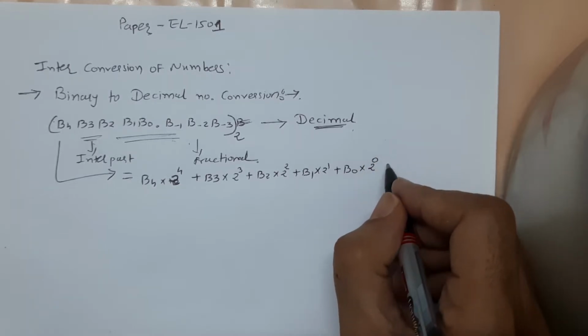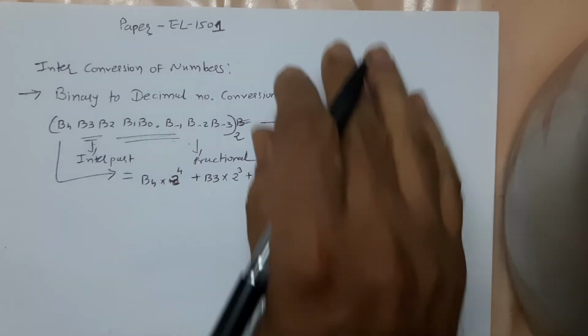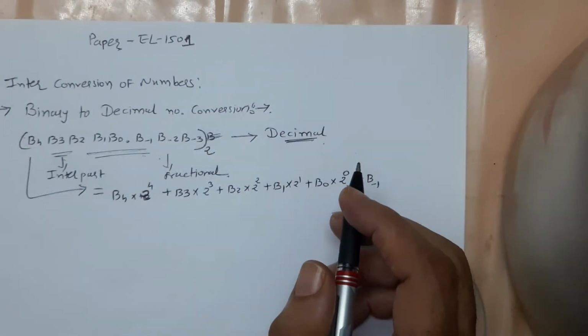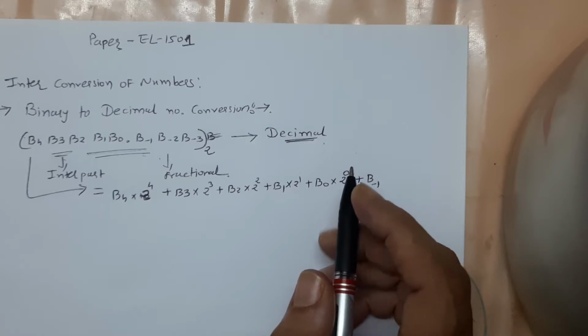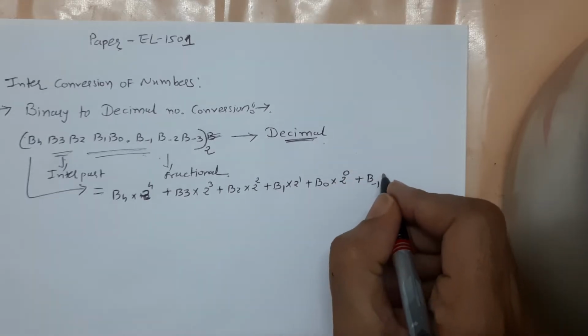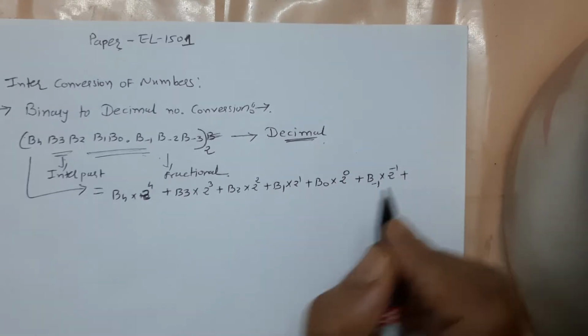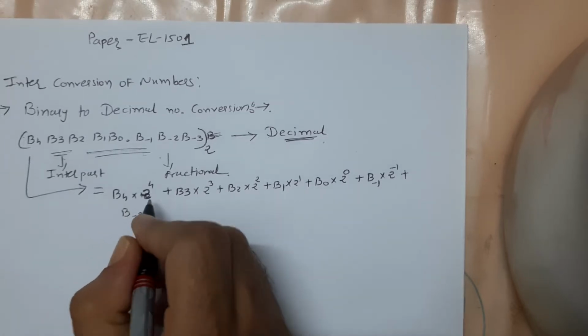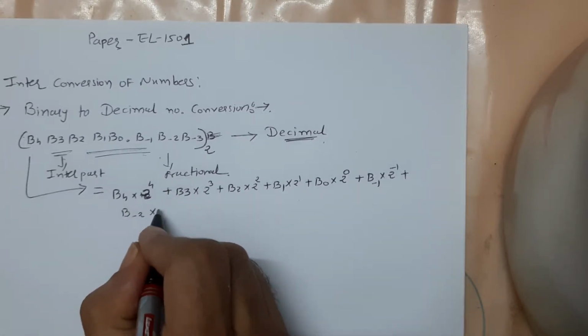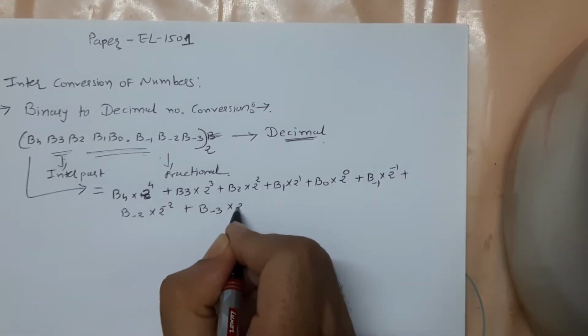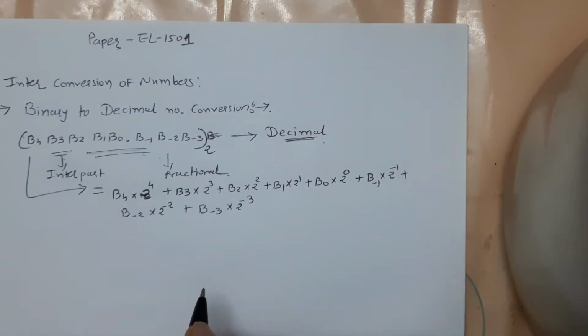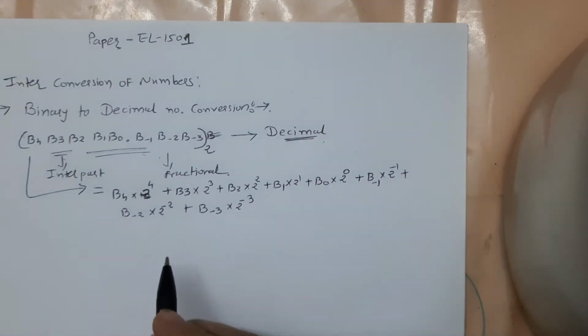Point means our radix. So here plus B minus 1 into 2 raised to minus 1 plus B minus 2 into 2 raised to minus 2 plus B minus 3 into 2 raised to minus 3, right? This is our decimal equivalent of this.